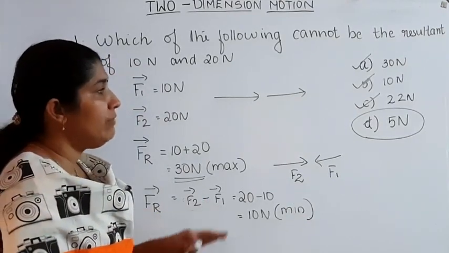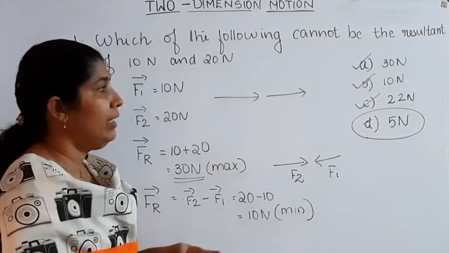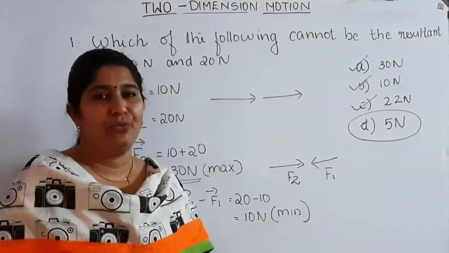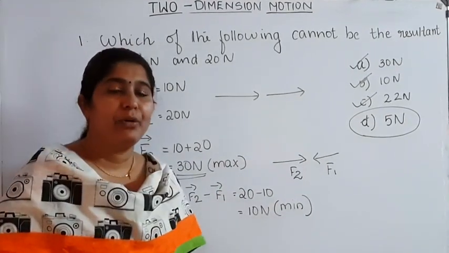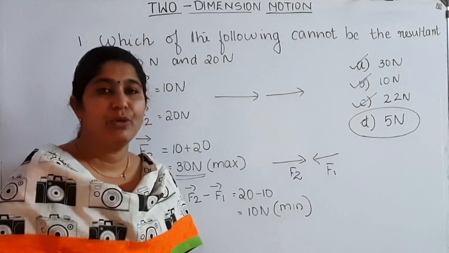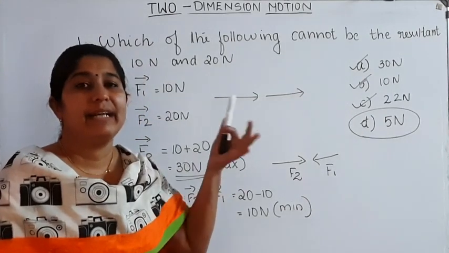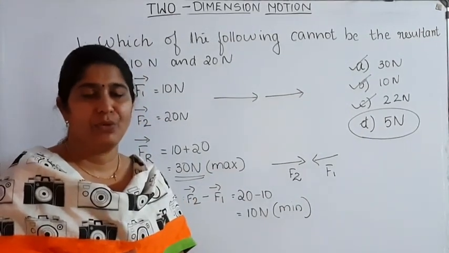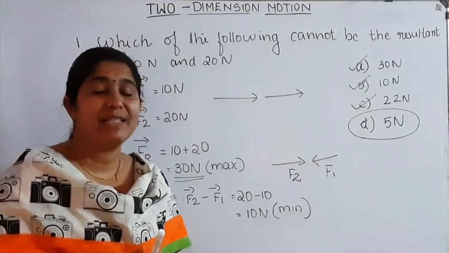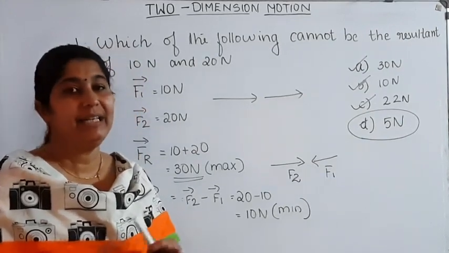Only the fourth option is less than 10 Newton, so that is the answer to our question. The resultant may not be less than the minimum force or greater than the maximum force. All values lie between 30 Newton and 10 Newton.